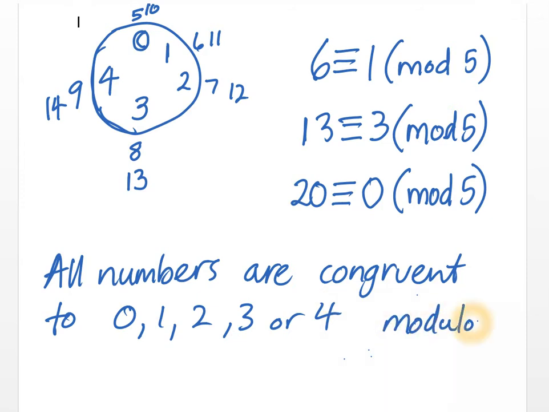I'll write modulo 5, but you can just say mod 5. All numbers. So you give me a number like 53, and I'll tell you it's 3 mod 5. All numbers are congruent to either 0, 1, 2, 3, or 4 modulo 5. So that's how the modulus stuff works.